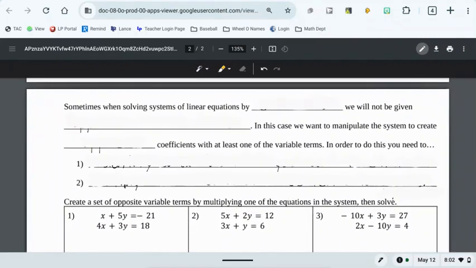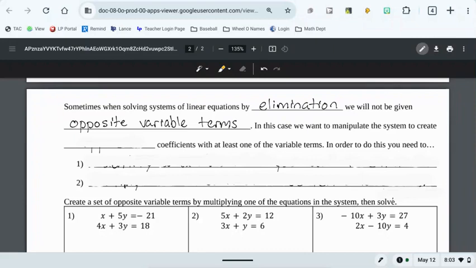Okay, sometimes when solving systems of linear equations by, you guessed it again, elimination, we will not be given opposite variable terms. So that's what we've been given so far. It's already been set up for us to add the two equations, but sometimes that doesn't happen.